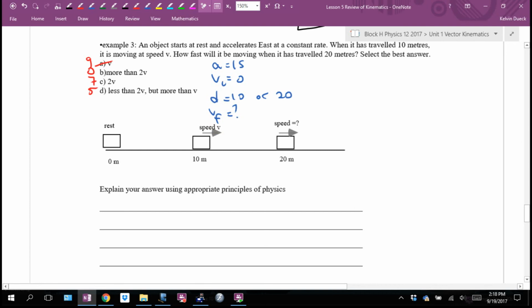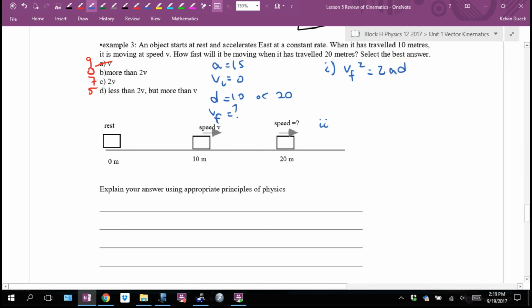Which one, Darcy? I think I can actually just go VF squared equals 2AD. Yes? So I'm going to put a part 1 and a part 2. Part 1, VF squared equals 2AD.